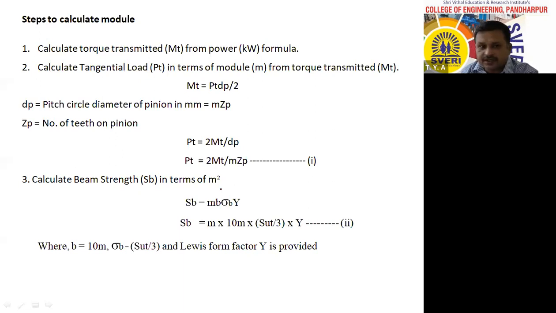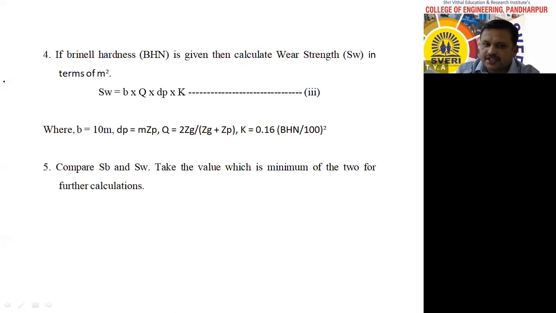Write down the next step, step number 4. If Brinell hardness BHN is given, then calculate wear strength SW in terms of M square. What is the formula of SW? SW is equal to B Q dP K, equation 3, where B is equal to 10M, dP is equal to M into ZP, Q is equal to 2 ZG divided by ZG plus ZP, and K is equal to 0.16 into (BHN divided by 100) whole squared.